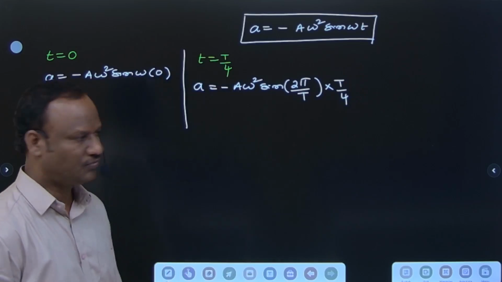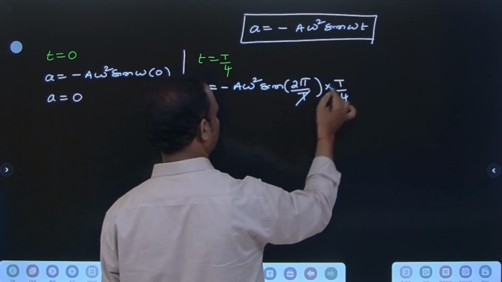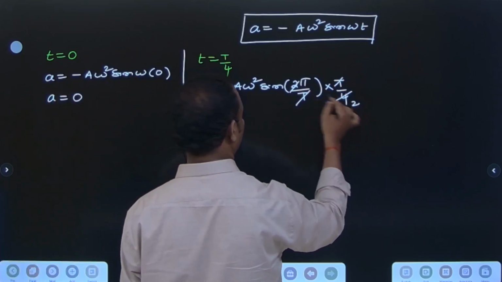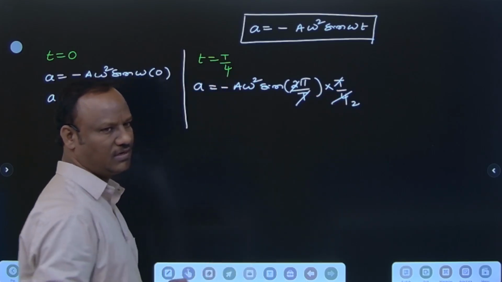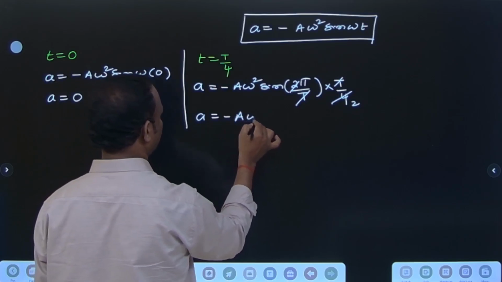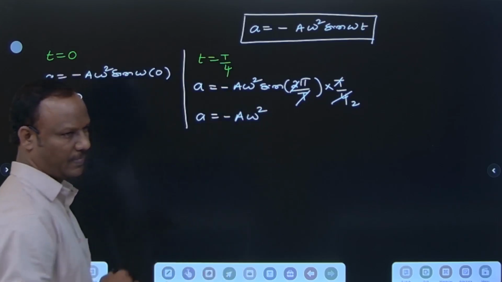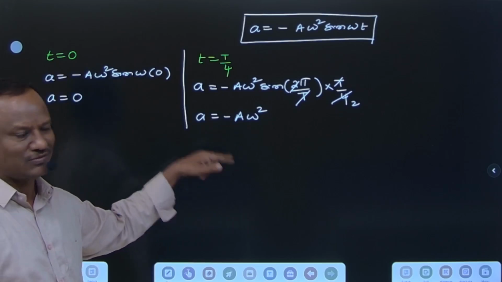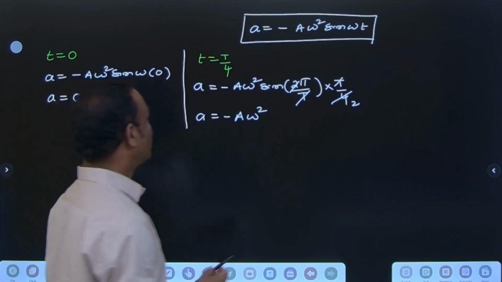T and T cancel, 2 and 2 cancel, pi by 2, 90. Sin 90 value is 1. So a is equal to minus A omega square. Minus means it comes down.